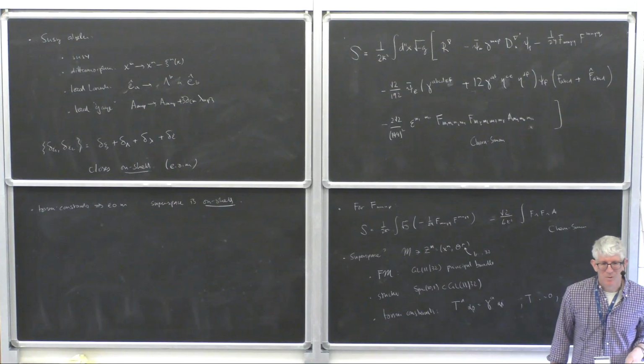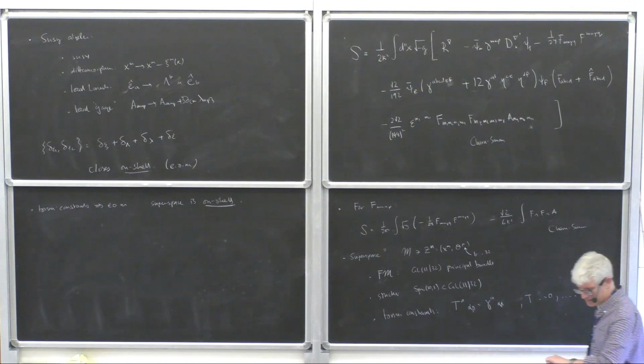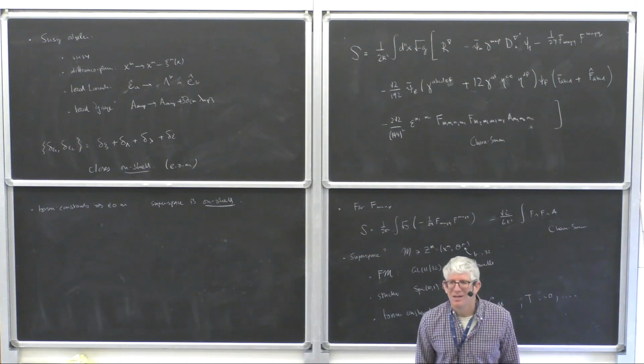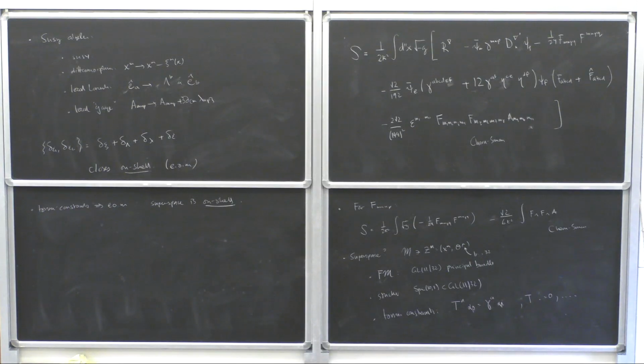Okay, but you can do the same story again. There's no matter multiplet. The smallest multiplet you can write has spin 2 in it, in 11 dimensions. So you've got no freedom to add anything else to the theory.